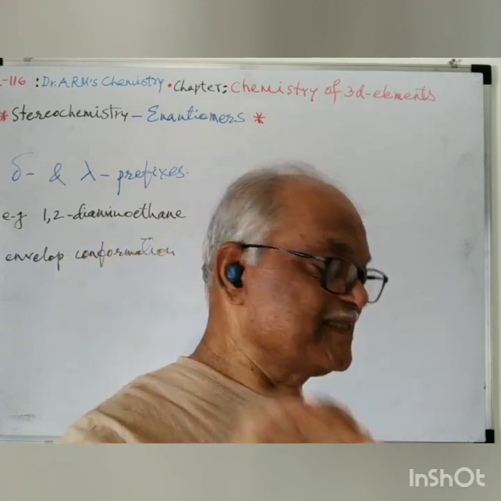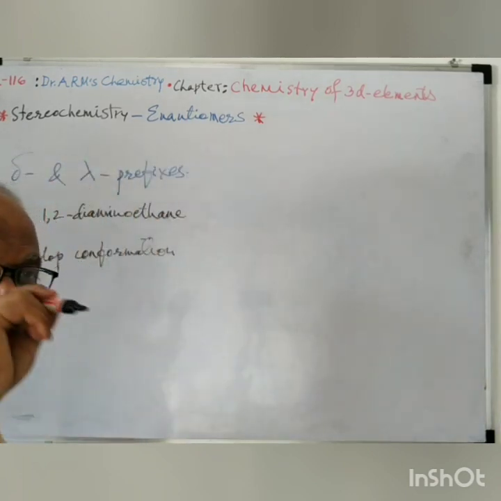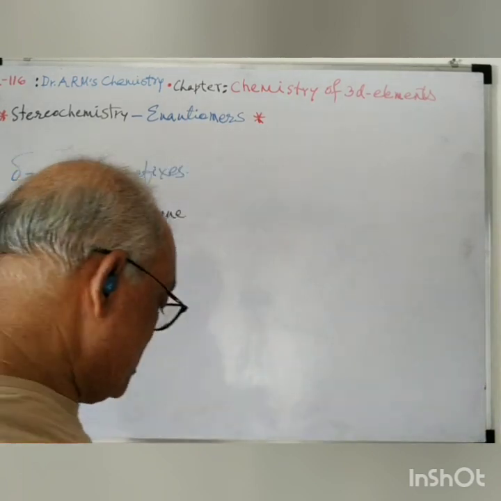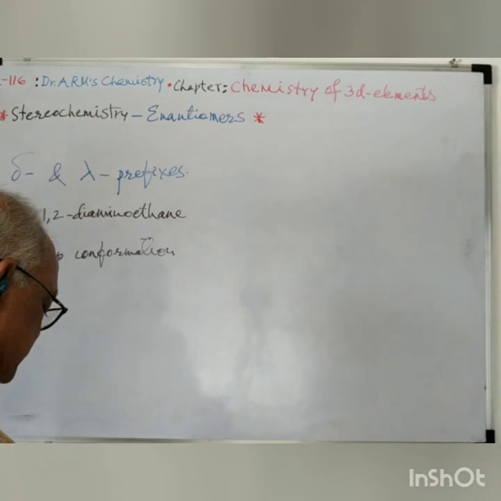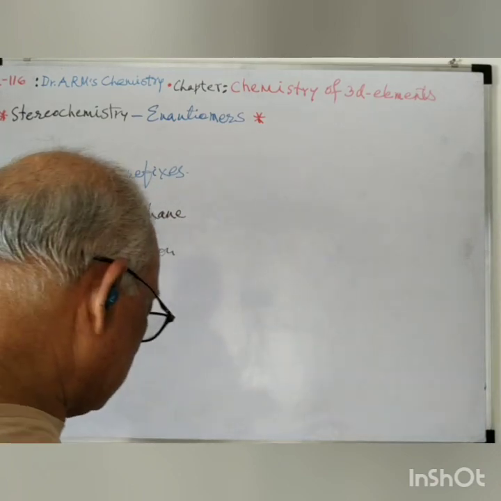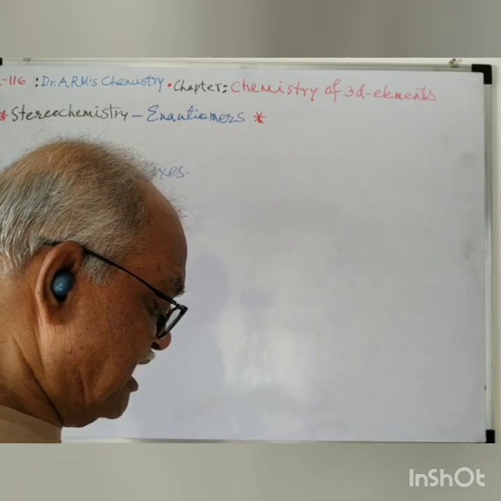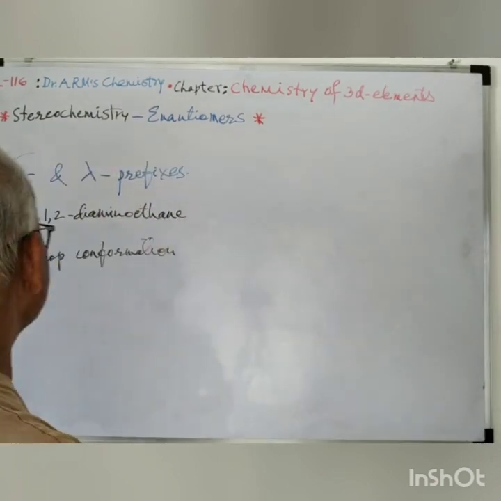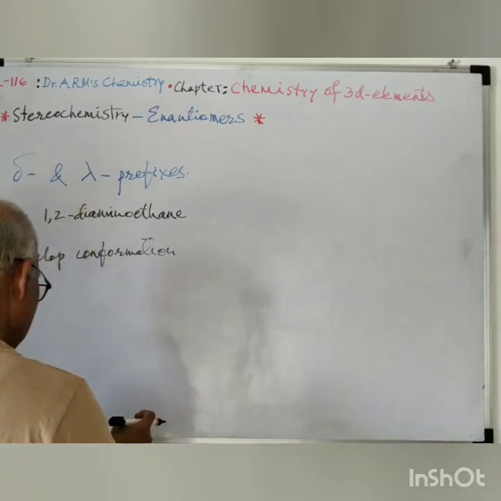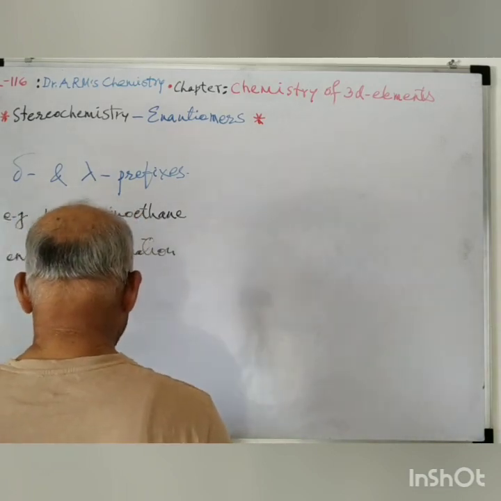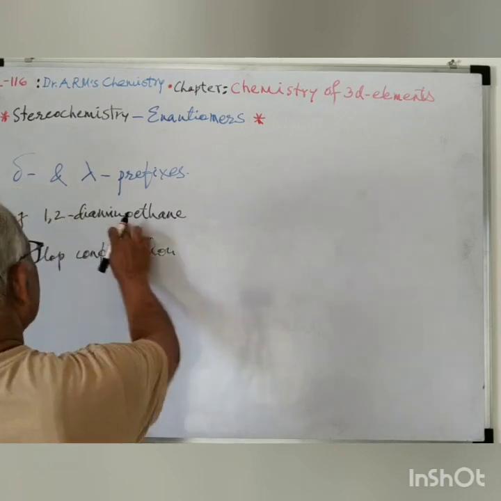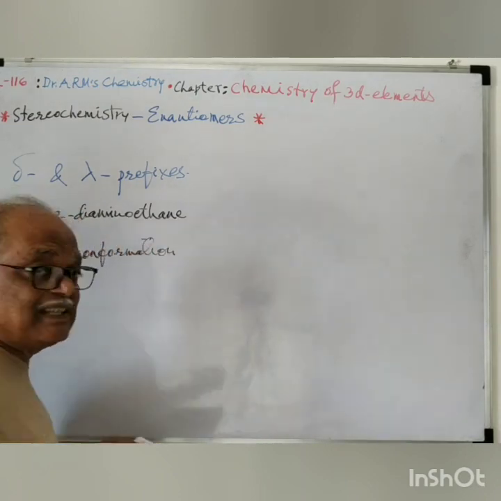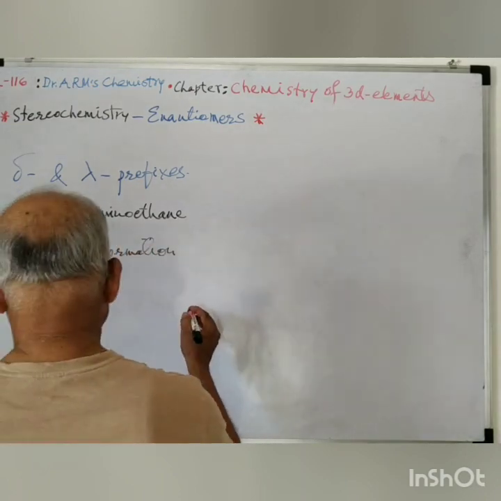Both carbons should come in the same direction, then only we can view it accurately. So the 2 enantiomers are possible and distinguishable by using such type of symbols.